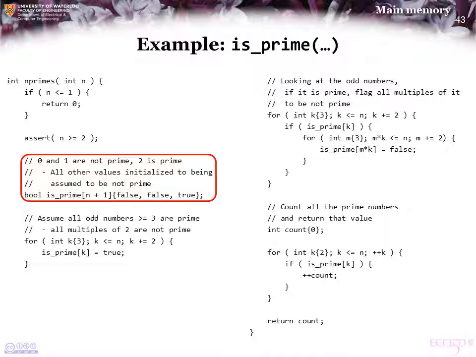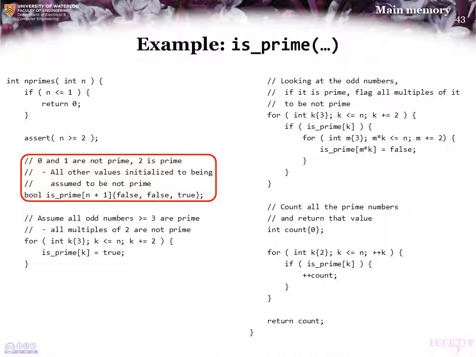So n is the largest possible value, so I do want isPrime[n] to be accessible, and therefore I will set the size to be n plus 1. Therefore, isPrime is indexed from 0 all the way up to and including n.